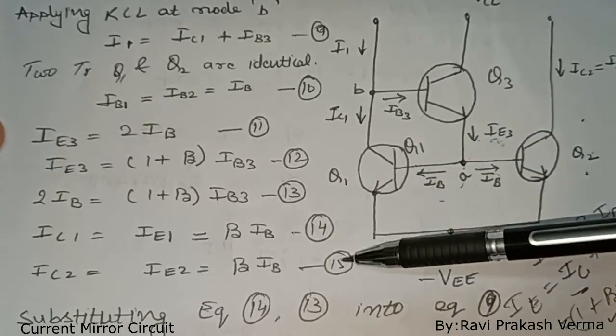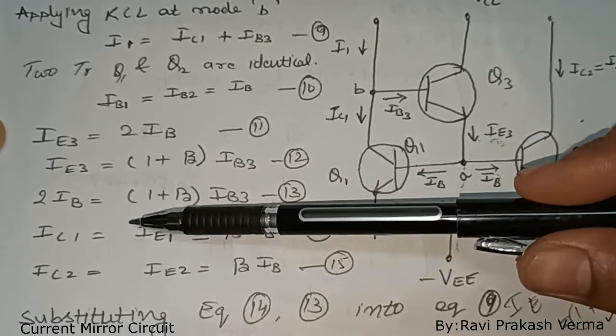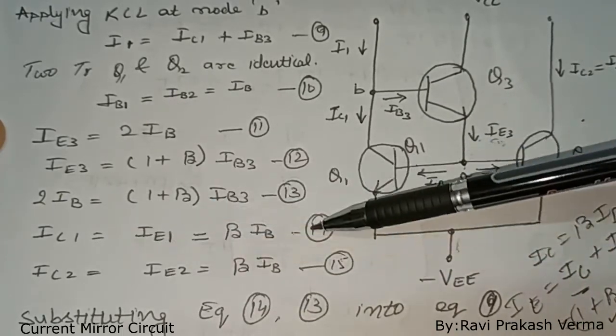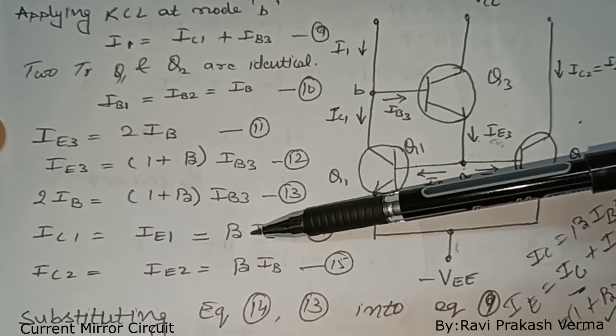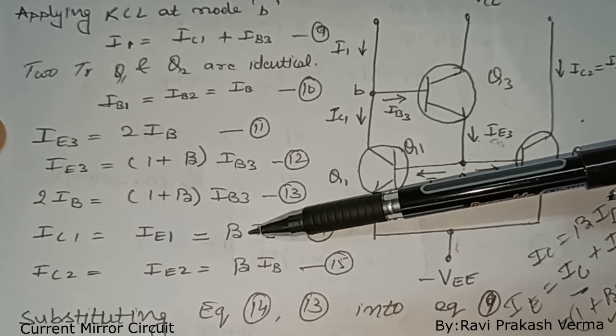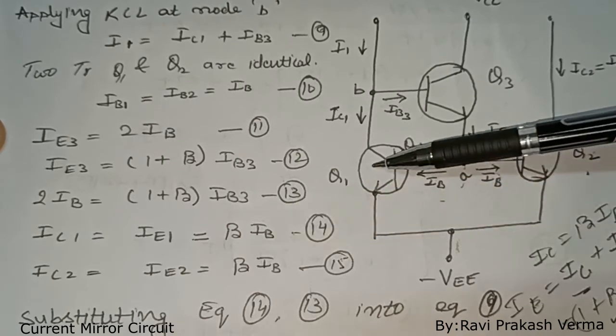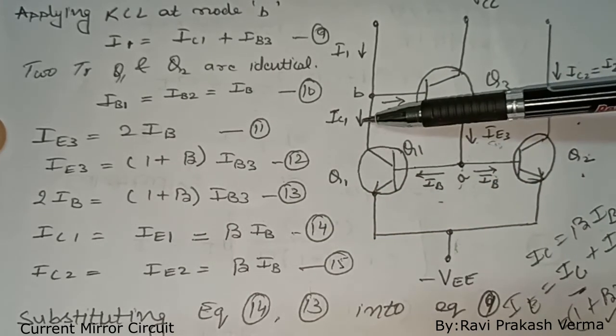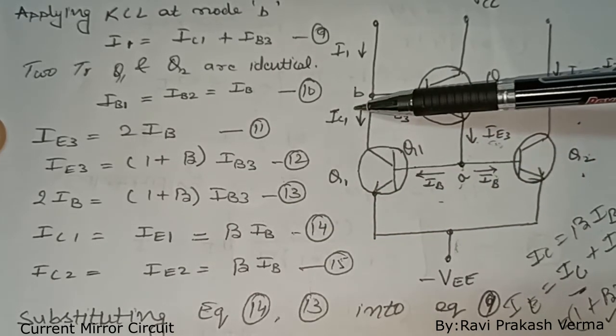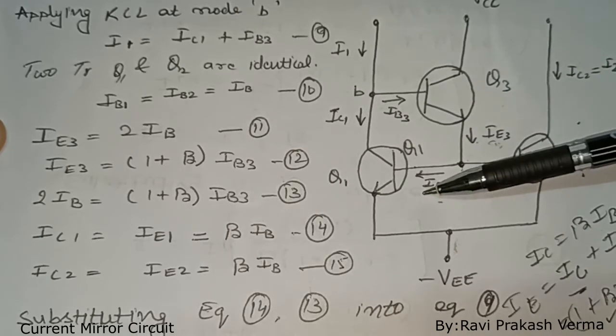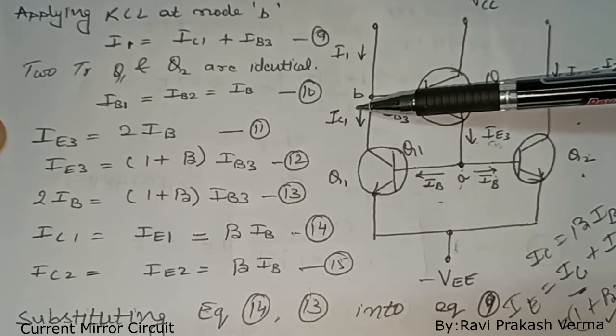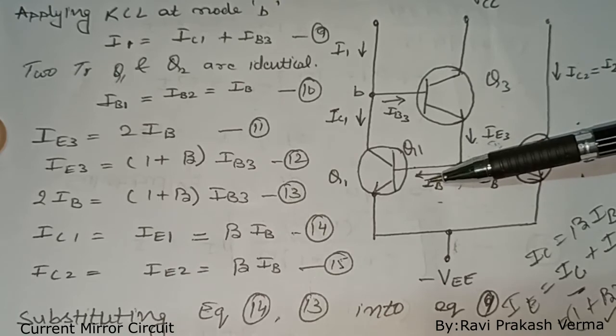In equations number 14 and 15, the relation of collector and base current with respect to beta has been written. Beta equals IC over IB. So for the transistor Q1, beta is the ratio of output current upon input current, so beta equals IC1 upon IB.